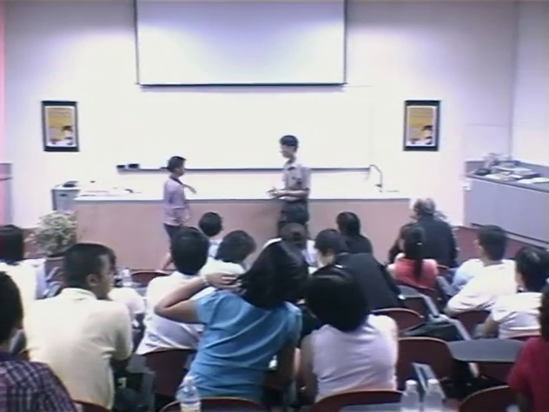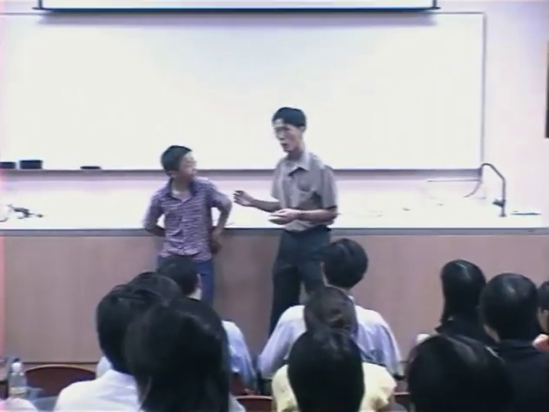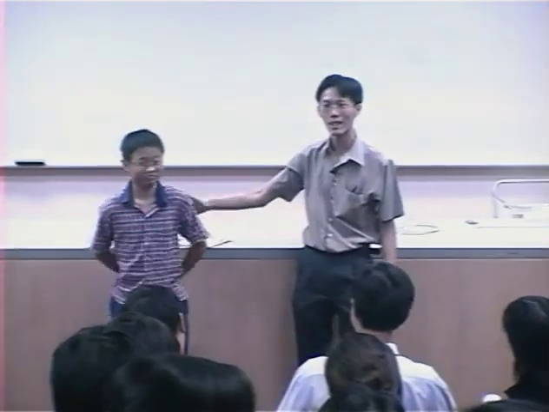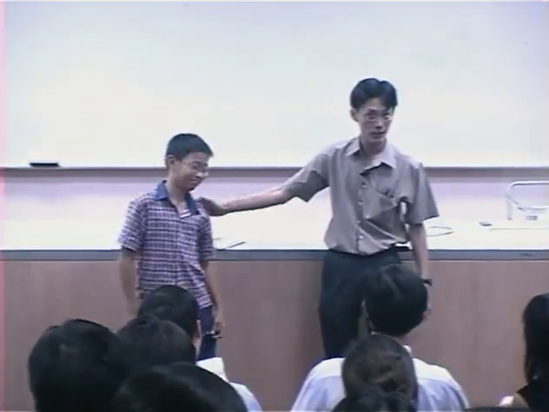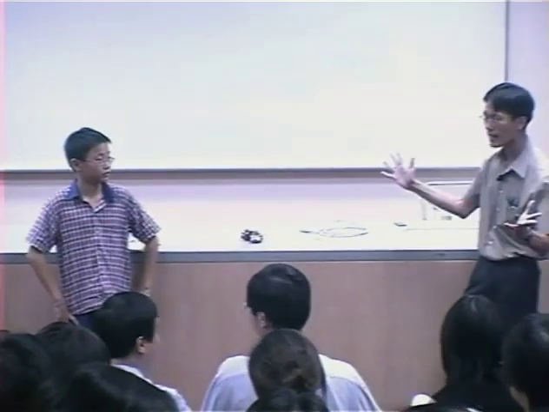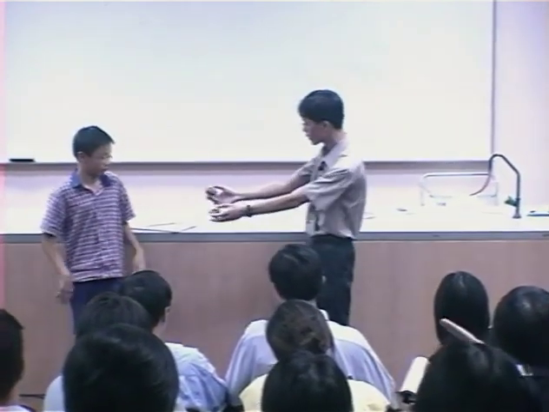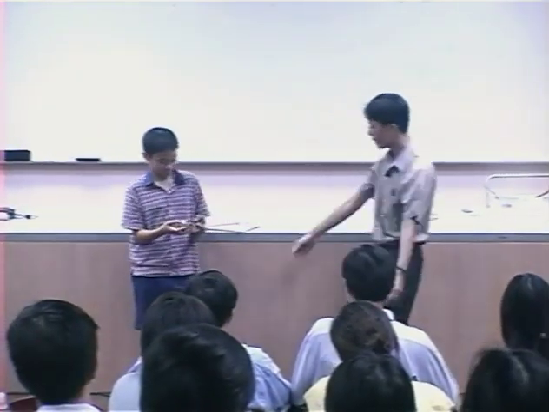Very simple. Your name, please. Wong Hong Chan. So you will see whether Hong Chan has the potential to be a wizard. Very simple, Hong Chan. You just need to do some very simple tasks for me. Hold these two pieces of paper at the same height.